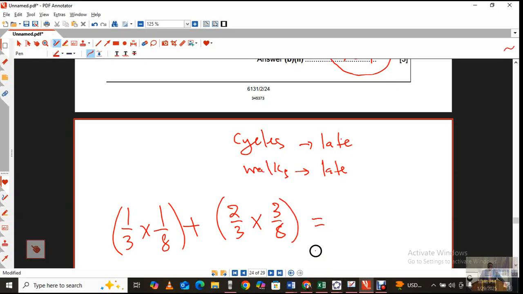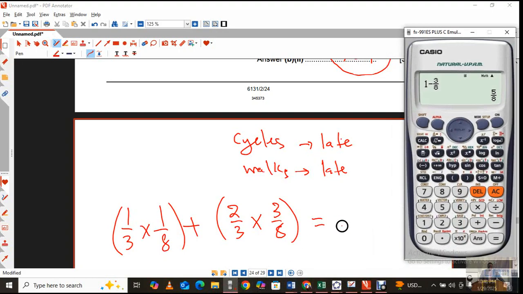Let's grab our calculator. In fact, if you were to calculate using your calculator here, you are going to find that this answer, let's rather bring in the calculator so you can be sure. Okay, I can obviously calculate it, but let's just work so that you can also follow.